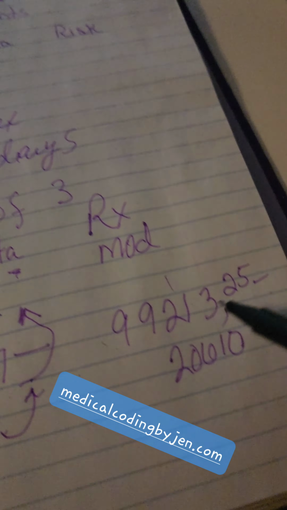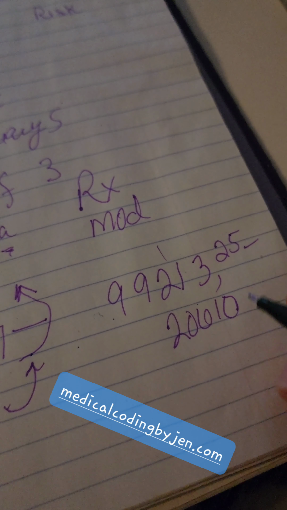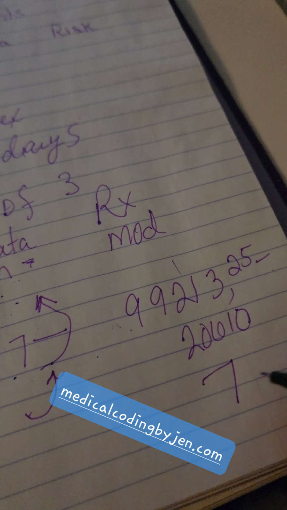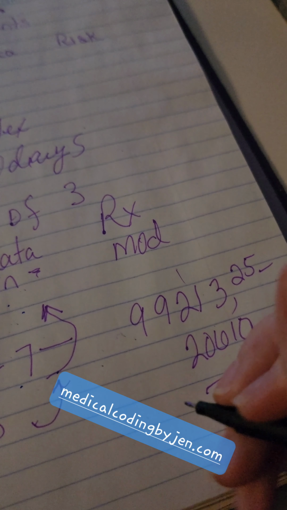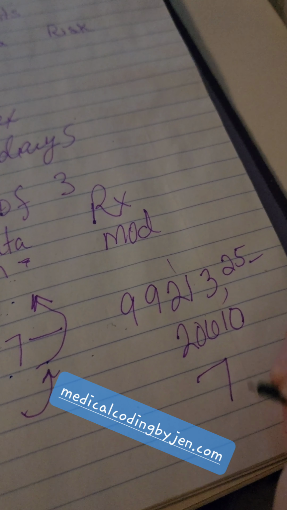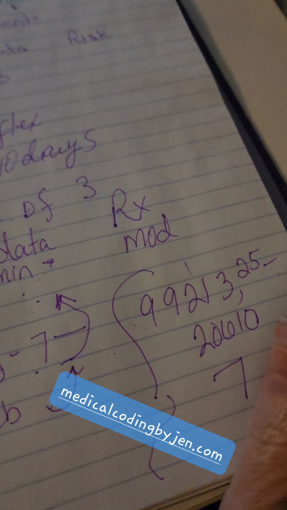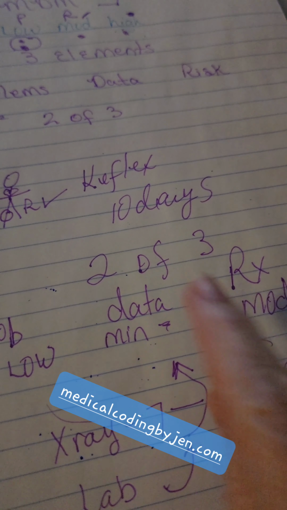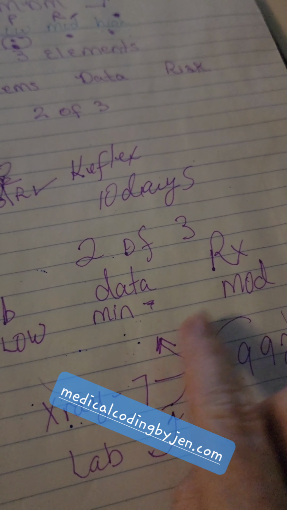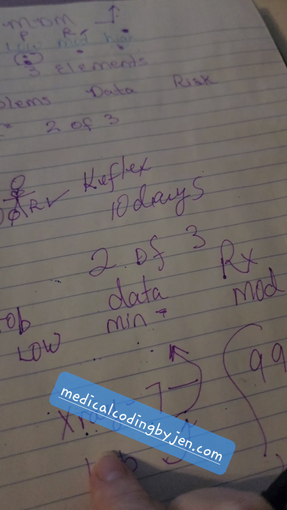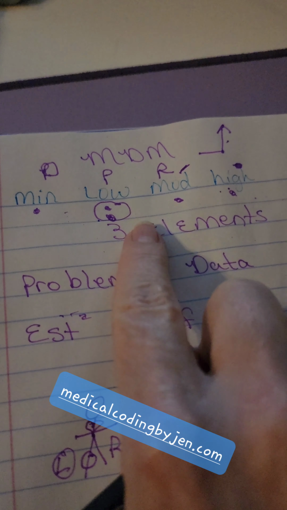So we're good to bill the office visit and the procedure, and then we'd need to bill our x-ray for her knee because we did that in-house. But I hope this is helpful for you. This is pretty advanced, so just think about the 2 of 3 needing to match when you have all that information.